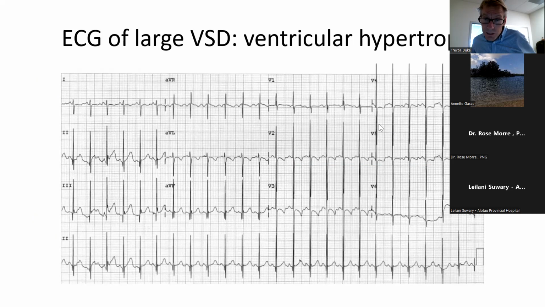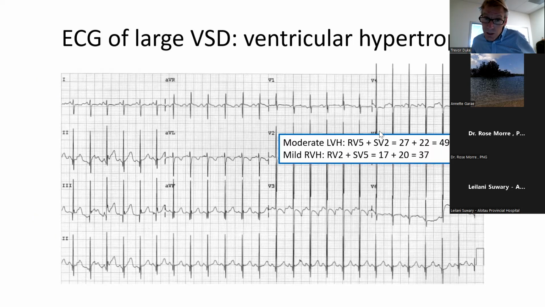So RV5 plus SV2, 27 plus 22 is 49. So that's more than 35, so there must be a degree of left ventricular hypertrophy.